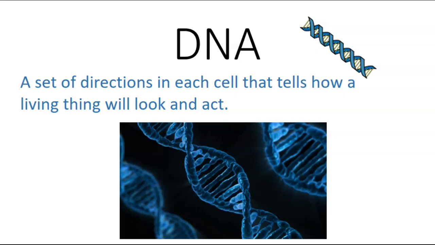So DNA is inside those tiny, tiny cells that we are all made up of. And we get that DNA from our parents. We also, of course, can't see DNA with just our eyes, but with a magnifying glass, this is what DNA looks like.